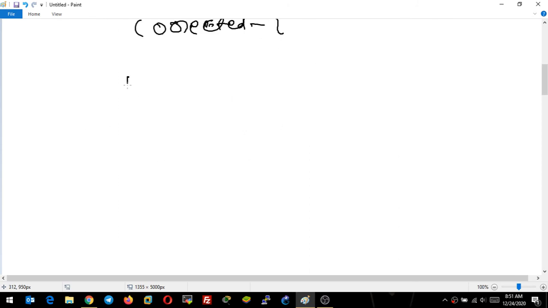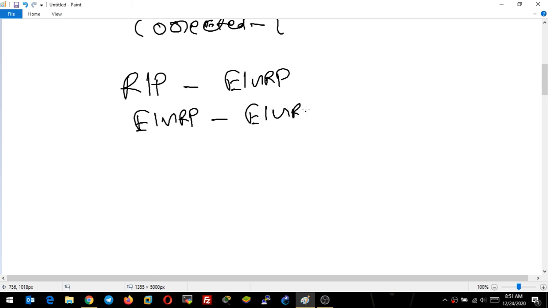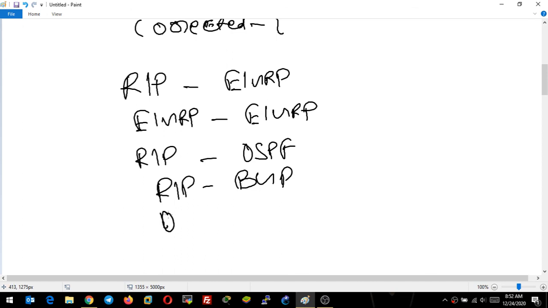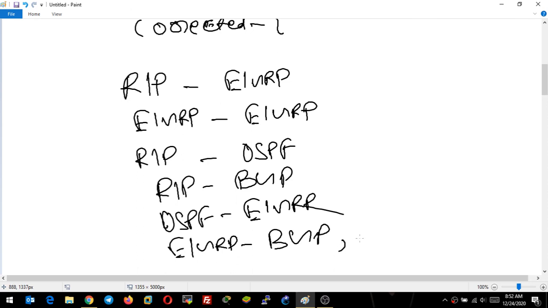Protocol to protocol means RIP to EIGRP, then EIGRP to EIGRP, means if you are running two EIGRP processes, using two autonomous system numbers of EIGRP, in that case you can also redistribute from EIGRP to EIGRP, then RIP to OSPF, RIP to BGP, OSPF to EIGRP, and obviously EIGRP to BGP or IS-IS to any protocol you can do, also from OSPF to BGP.